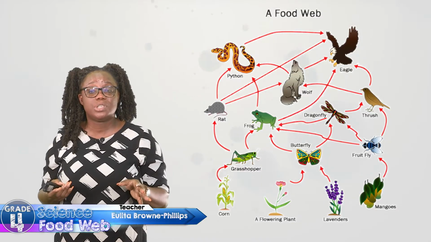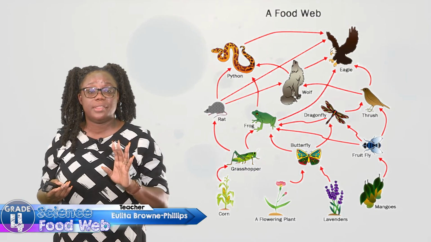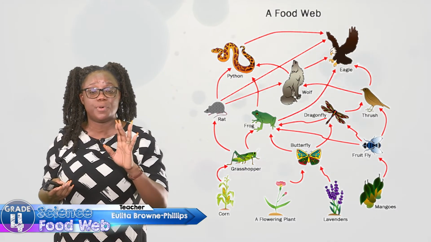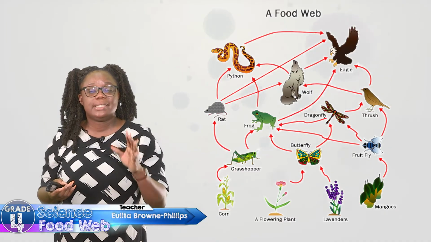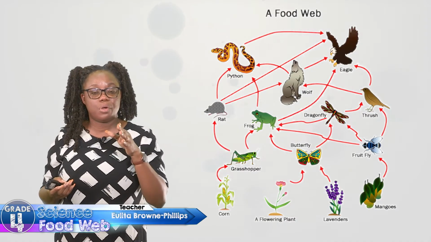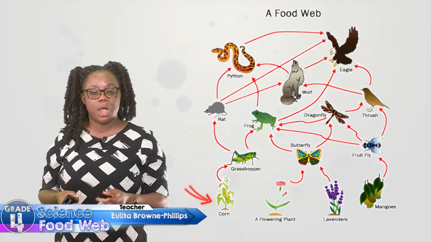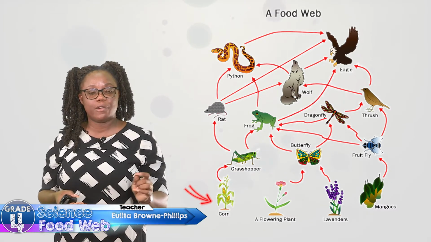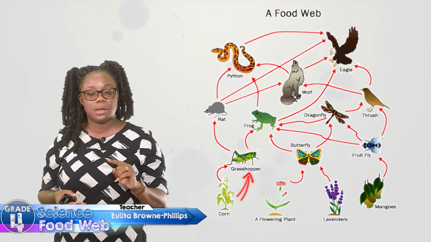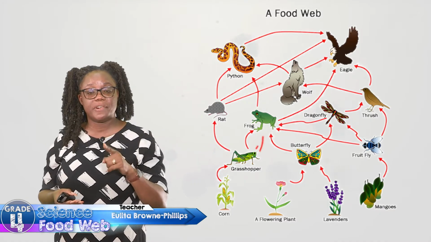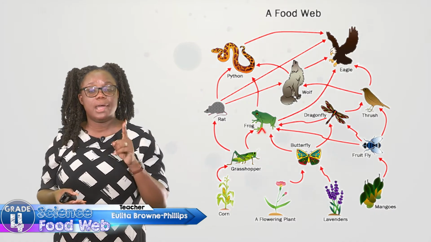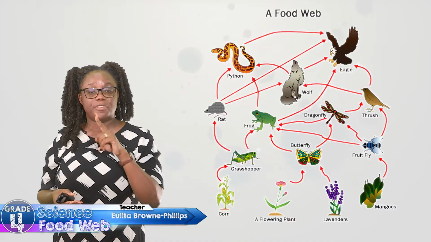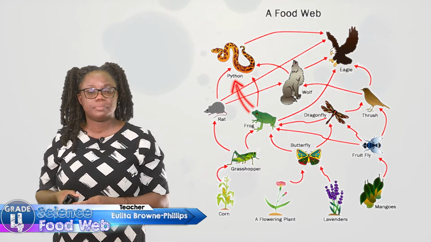The arrows show the direction the energy is transferred. Let's start with the corn plant. You have the corn, an arrow pointing to the grasshopper, an arrow pointing from the grasshopper to the frog, an arrow pointing from the frog to the python.